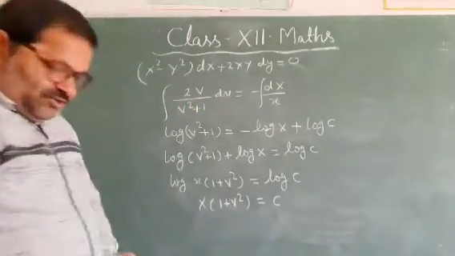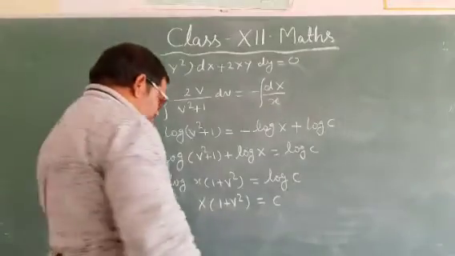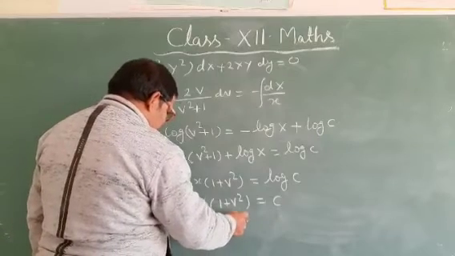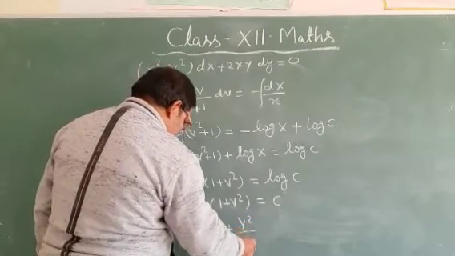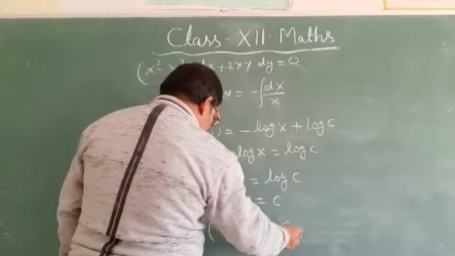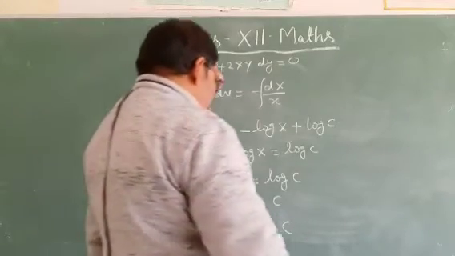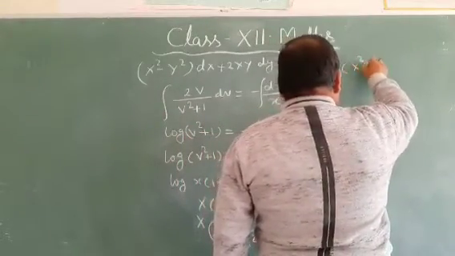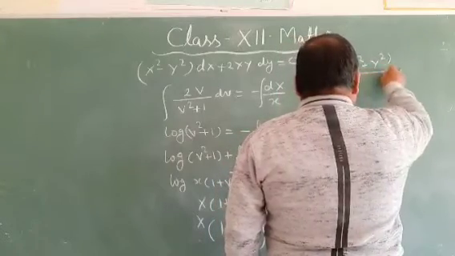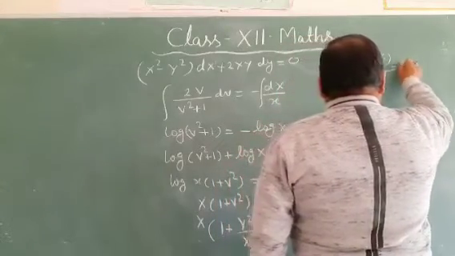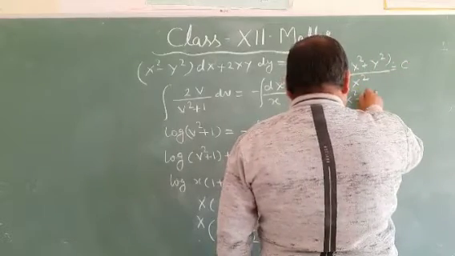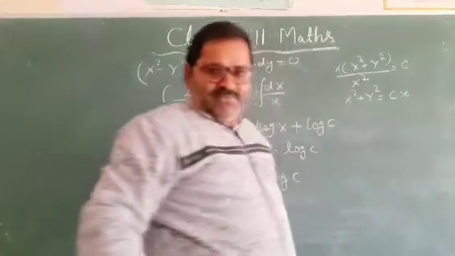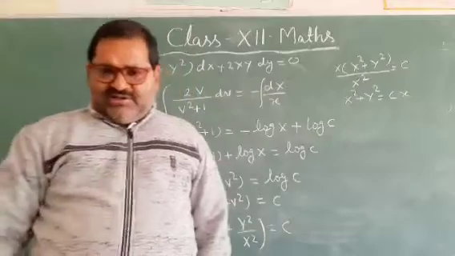So we put the value of v: x(1 plus y square upon x square) equal to c, and x (x square plus y square) upon x square equal to c, and x square plus y square is equal to cx.